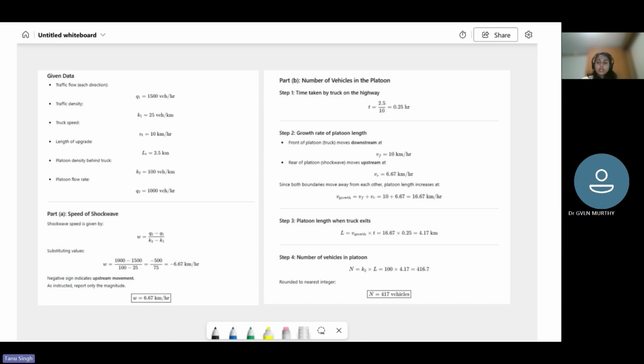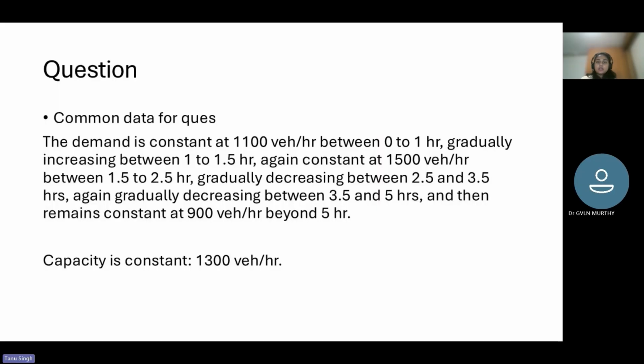So now coming to the next question. This is the next question's data. The demand is constant at 1100 vehicles per hour from time 0 to 1 hour.